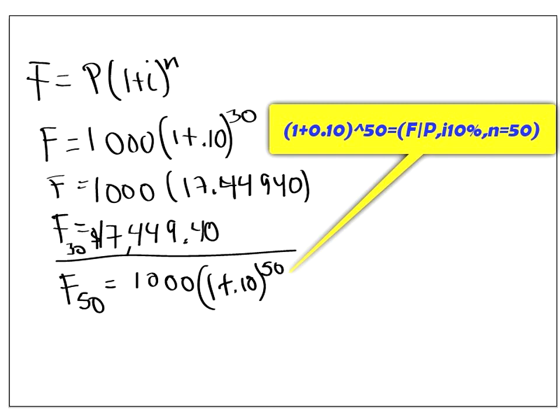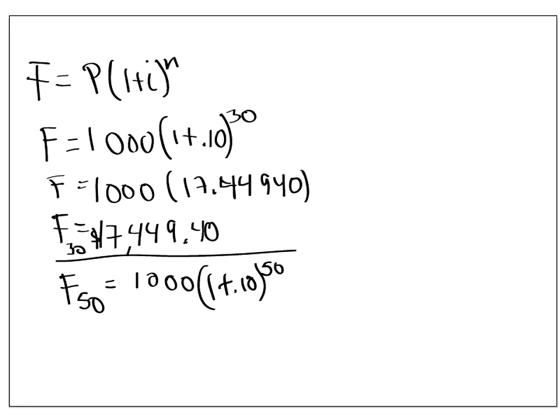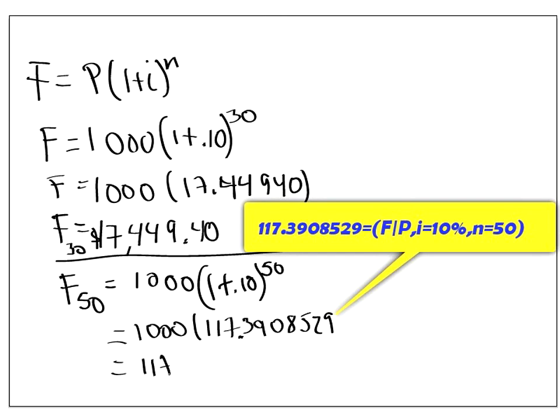Let's do that computation, and now we have 1.1 raised to the 50 is 117.39085, and this becomes $117,390, and if we round it, 85 cents.